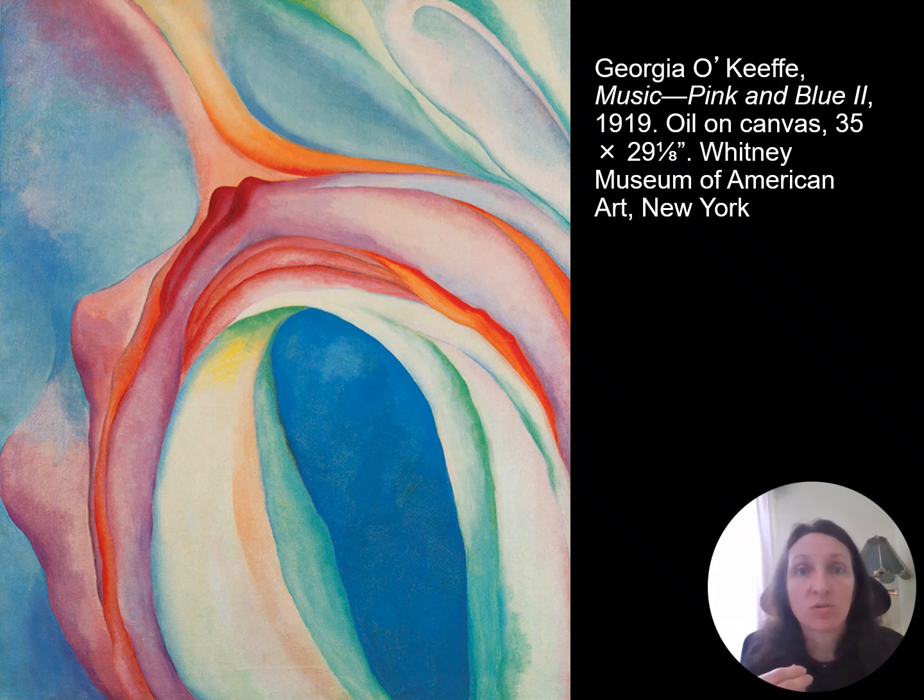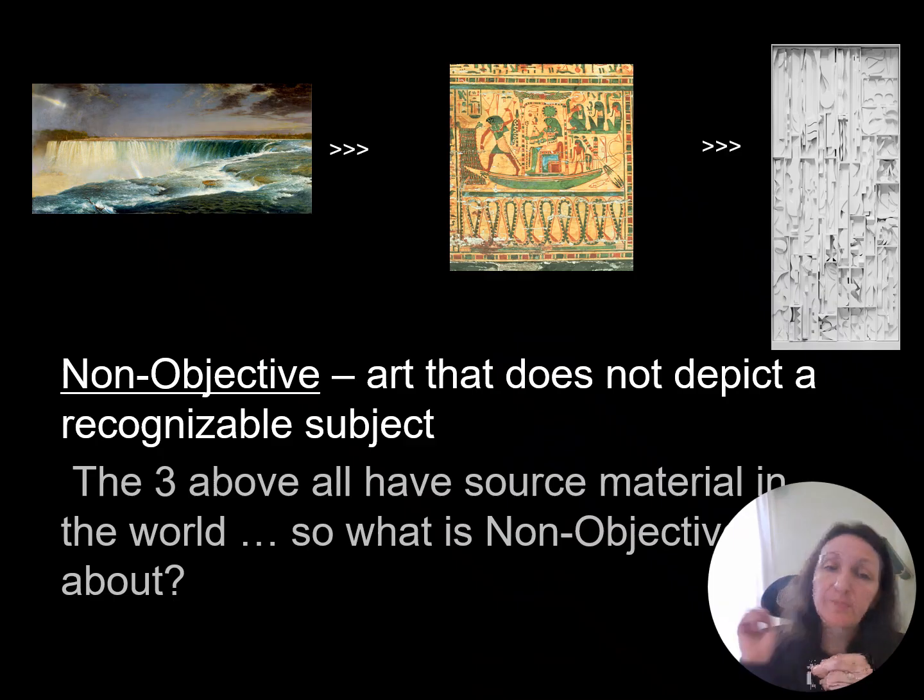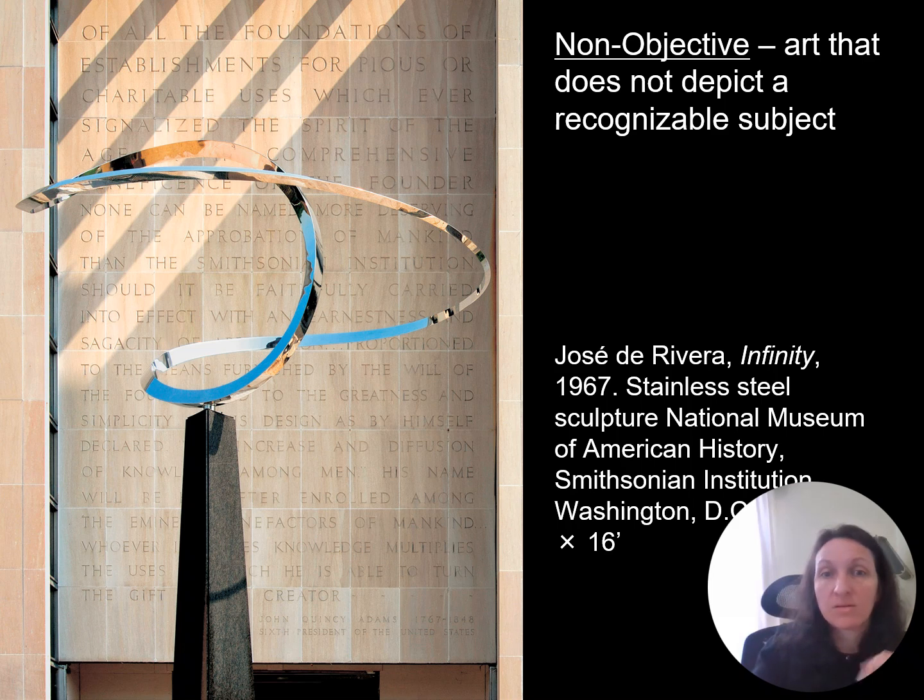And I keep using this phrase source material intentionally because all three of these that we see above have source material, right? Whether it's representationally depicted or very, very abstractly depicted, they all have a source material. Non-objective does not depict a recognizable source material. Non-objective art is dealing, oftentimes, with just the principles and elements of design.